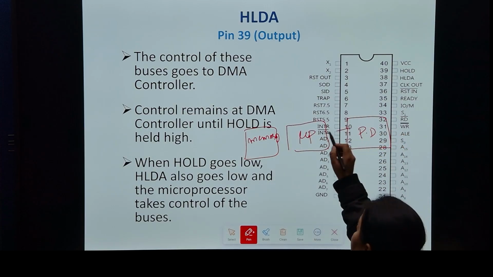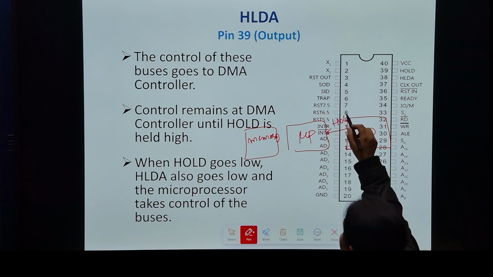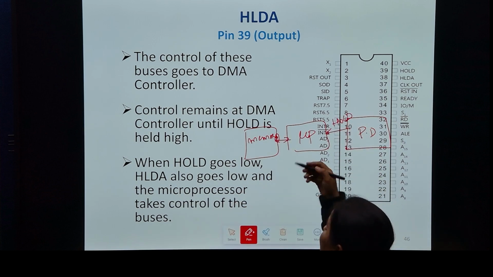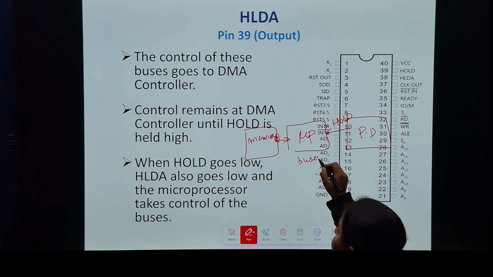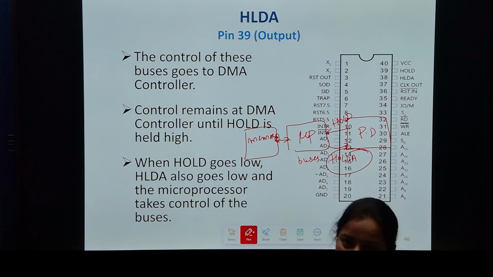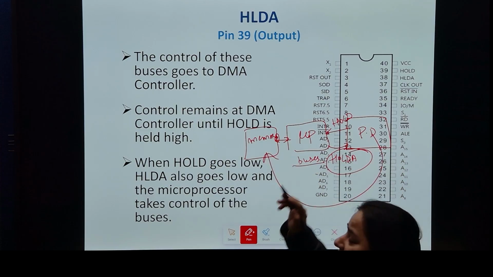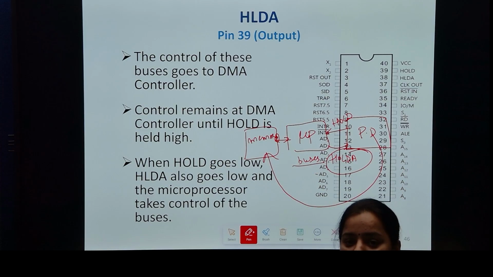Initially this hold signal is shared with the microprocessor. If the microprocessor releases its buses and stops its working, it will send a hold acknowledgement signal to the peripheral device, acknowledging that the buses are released, and the peripheral device can now directly access the memory of the microprocessor. That is your pin number 39.